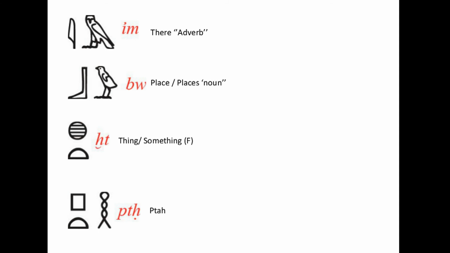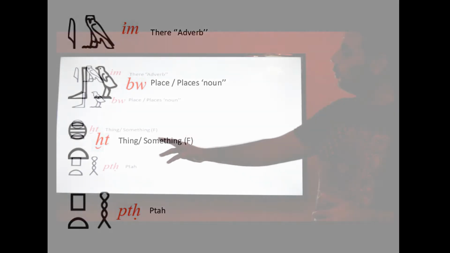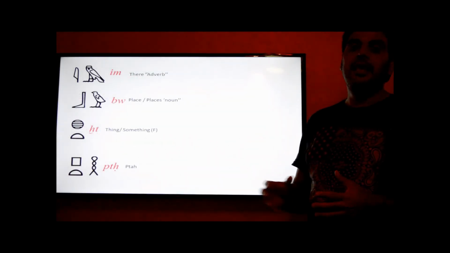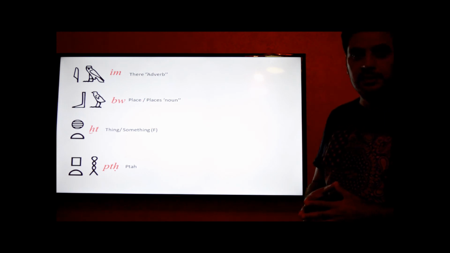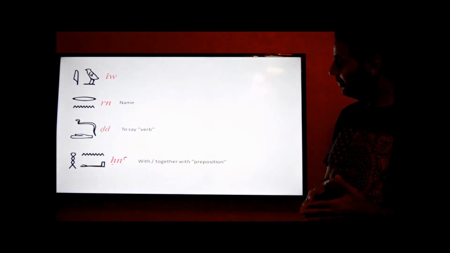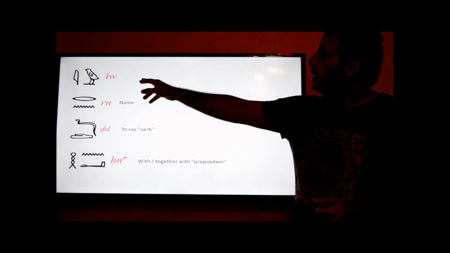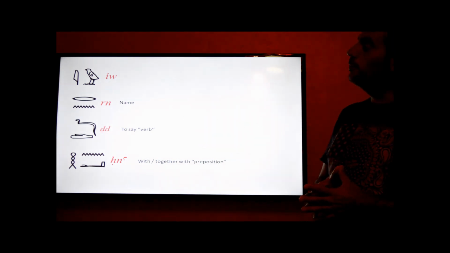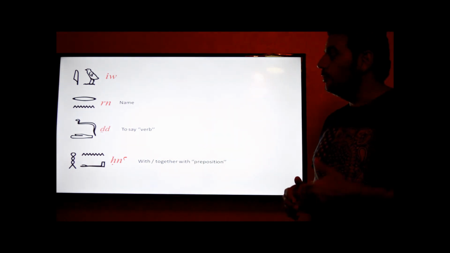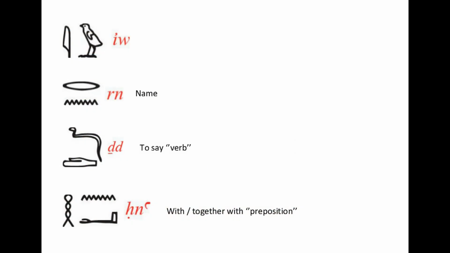Another thing like this is the word khet, which means thing or something. We consider this a feminine word because it ends with T. We have the word Ptah, the name of the god of Memphis, my hometown. Iyu is very important, and we will not explain it right now. We will explain it in the second lesson.